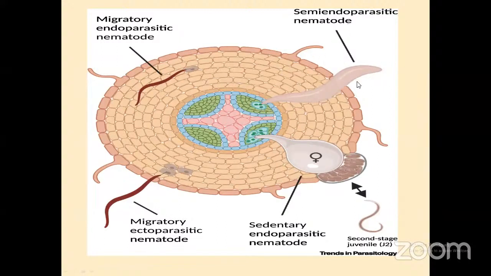This is a semi-endoparasitic nematode, and this is how the females go on entering into that. It will lay eggs. The eggs will be hatched here. The female will be there only within the root zone. With this, they form galls, and this is a migratory ectoparasitic nematode. Wherever it goes, it just puts its stylet.